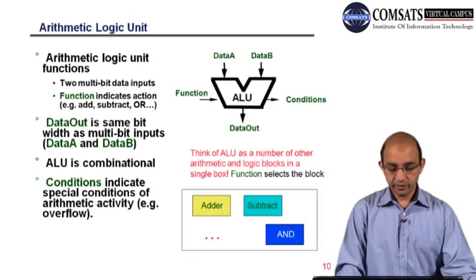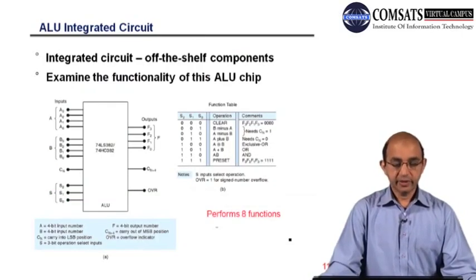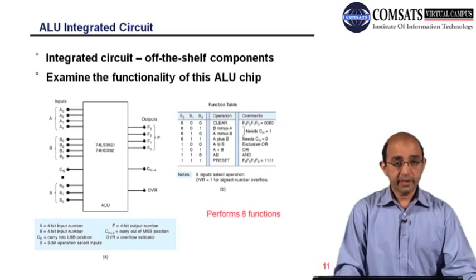So here we have the operations that can be performed: adder, subtractor, and AND operation. And this is the schematic for an IC for the ALU. You can see we have different inputs: this is A's, A0, A1, A2, A3, and this is for B's, B0, B1, B2, B3. And this is the carry, but remember that this is the carry in at the least significant bit position.